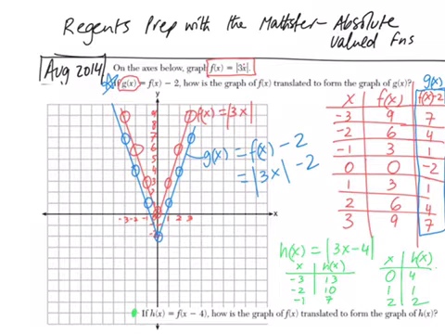At 0, it's 4. At 1, it's 1, which is over here. At 2, it's 2. At -1, it's 7, which is up here. -2 is 10, which would be up here.